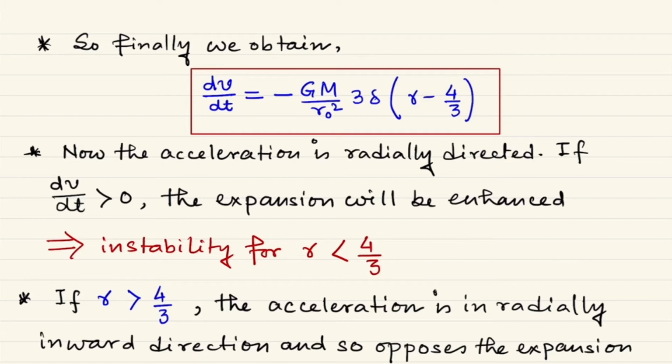Now the acceleration can be negative, can be positive. Now what are the implications of that? We were trying to dilate the thing by putting some outward perturbation to the radius. So we tried to increase the radius, right? Now of course these two forces, the gravity and the pressure gradient force, are radially directed, so the acceleration is also radially directed.